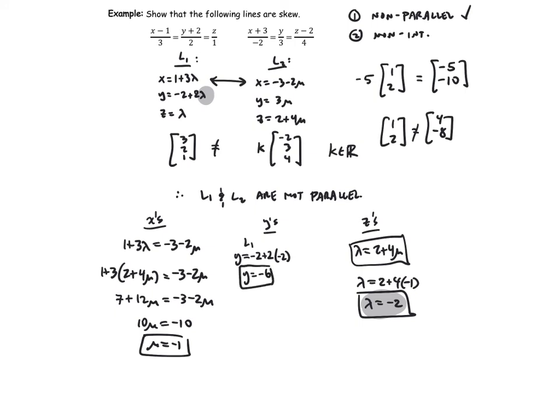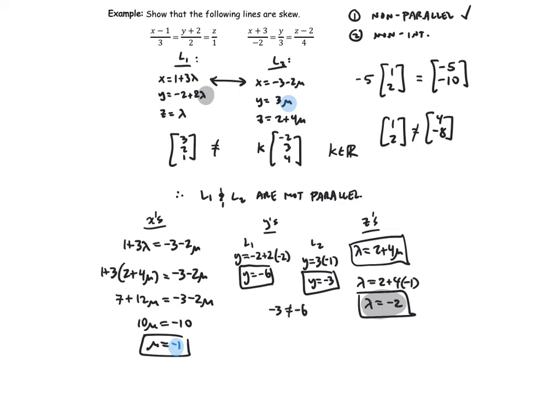Okay, and for L2, I'm going to plug in negative 1 for mu right here. And it looks like y equals 3 times negative 1. So y equals negative 3. Well, clearly, negative 3 is not equal to negative 6.